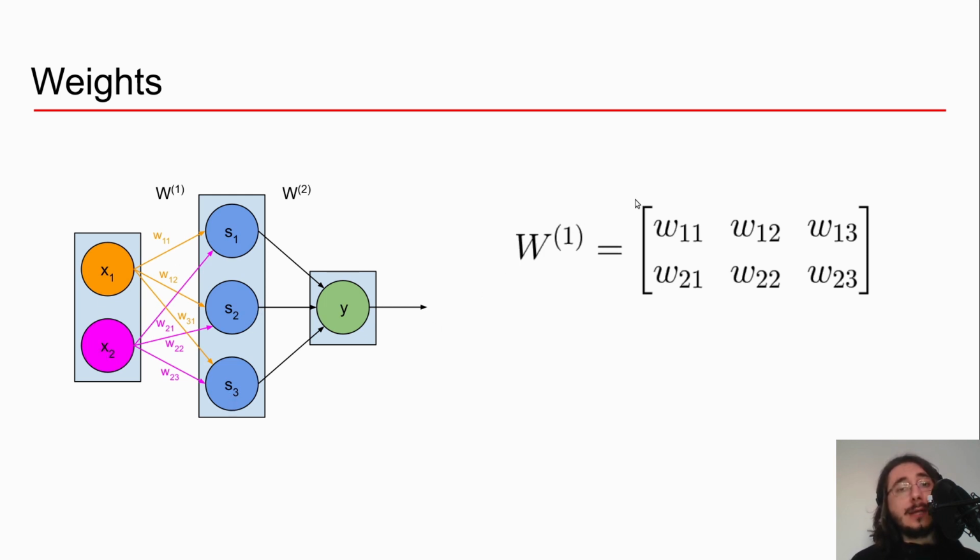But now, if we look at this matrix column-wise, we can see that w11 and w21 are the incoming connections of S1 with regard to x1 and x2, basically all of the incoming inputs.